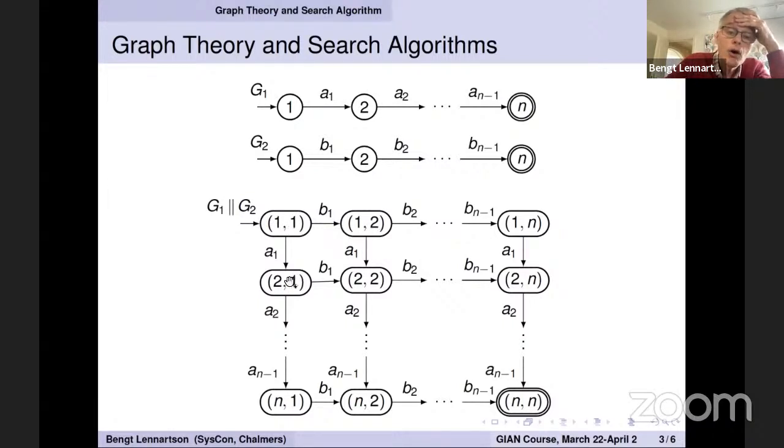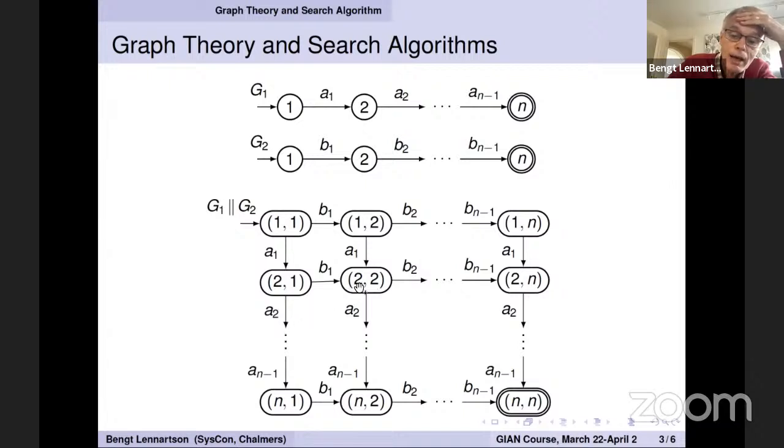Then I go one step forward, and that means that I get here state 1, 2, and here state 2, 1. So after one iteration, I've included 3 states. And based on these 3 states, I can take one more step forward, and then I will get the 1, 3 state, the 2, 2 state, and also the 2, 3 state.